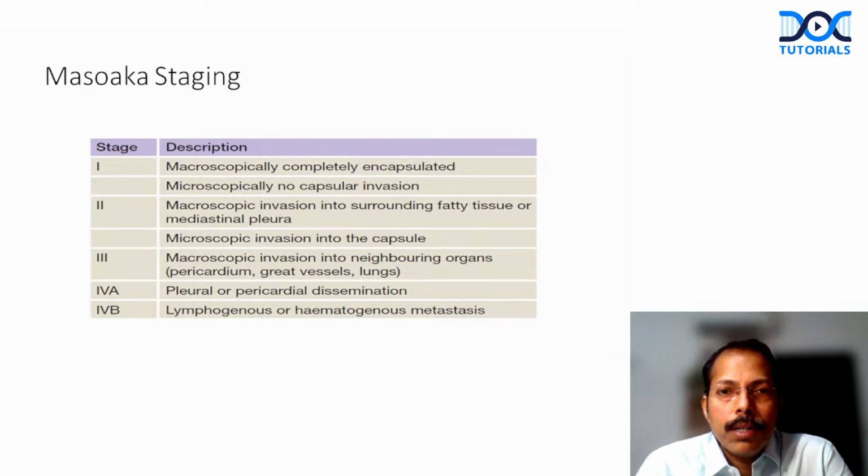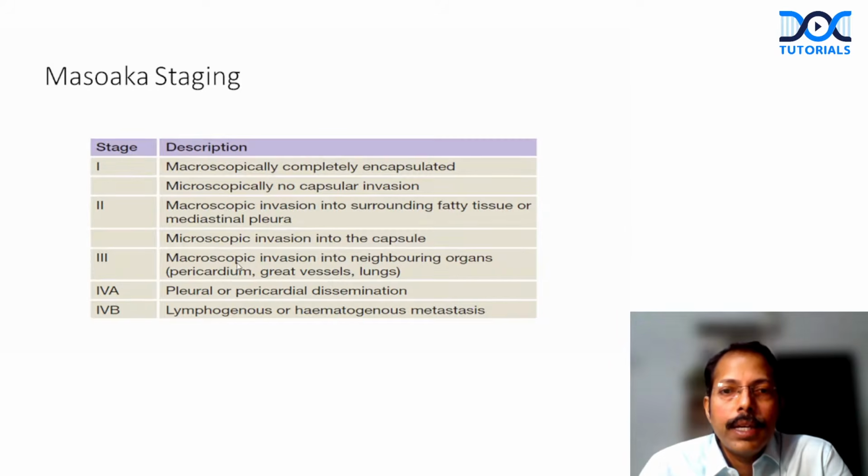Generally, thymomas are considered to be benign, but the invasive nature of thymoma should not be forgotten, because even though it is said to be benign, the invasive thymoma has malignant potential. Okay, stage 1, it won't breach the capsule. Stage 2, it breaches the capsule into the surrounding fatty tissue or mediastinal pleura.